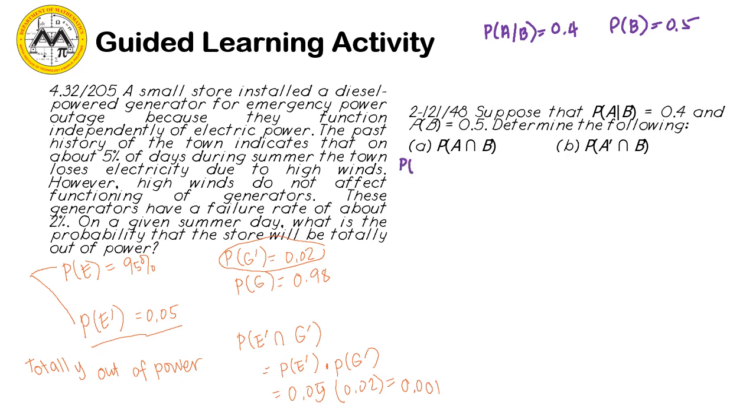So the probability of A intersection B is equal to P of B times P of A given B. So that's 0.4 times 0.5, equal to 0.2.